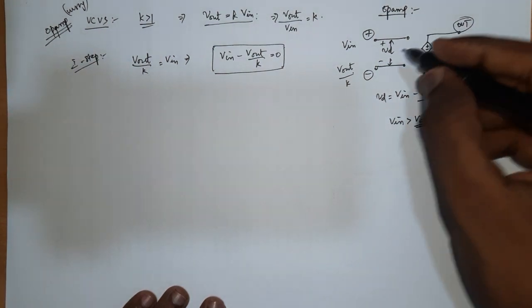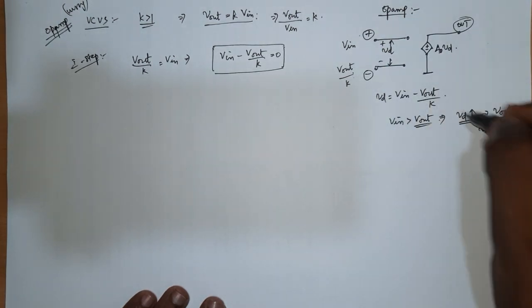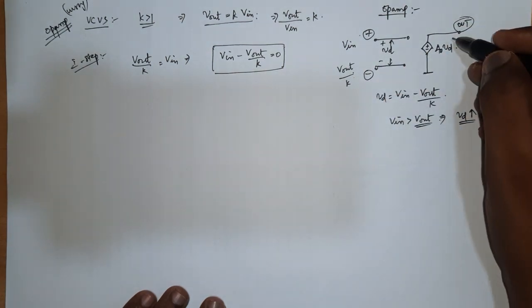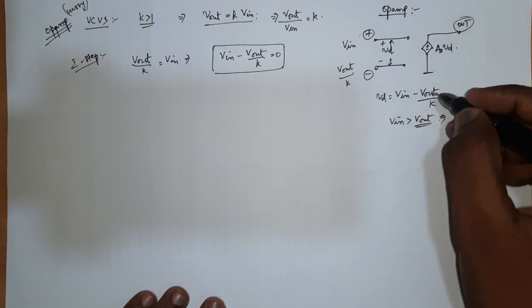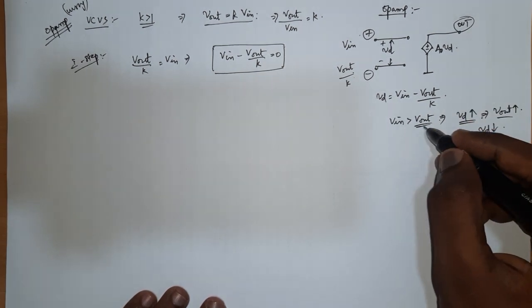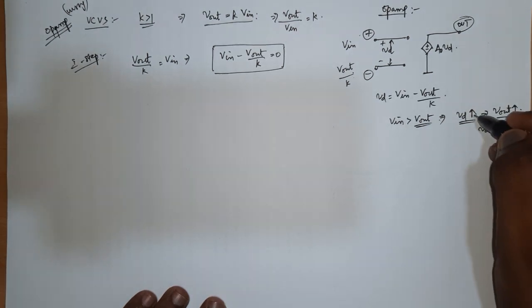For example, if you put Vout by k here and Vin here, then you cannot achieve the negative feedback. The negative feedback is achieved when you put the output voltage here as Vout by k, and if Vout is lesser than Vin, I want the difference to reduce.